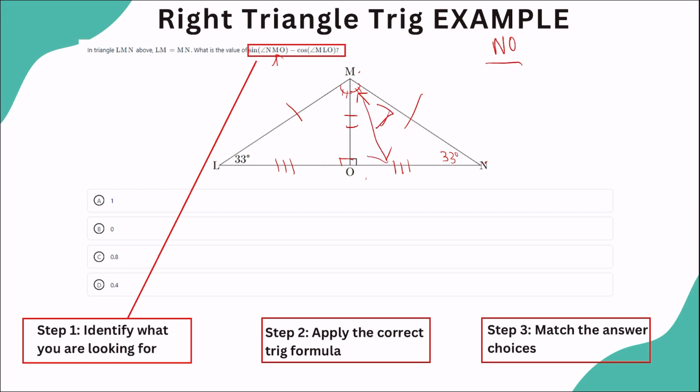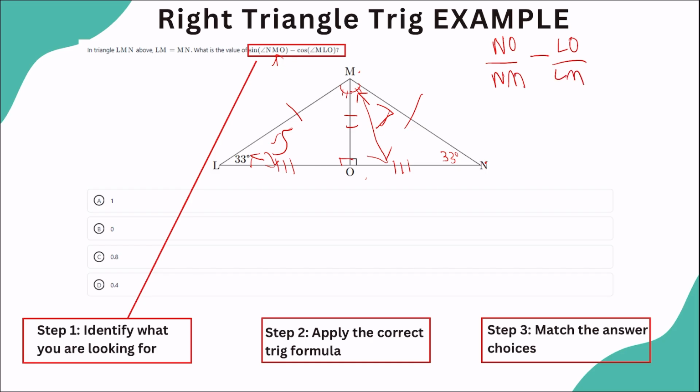So NO over NM. And this we're going to subtract from the cosine of MLO. And so now we're looking at this L angle. And cosine adjacent, so right here, LO over hypotenuse, which is going to be over here, LM.